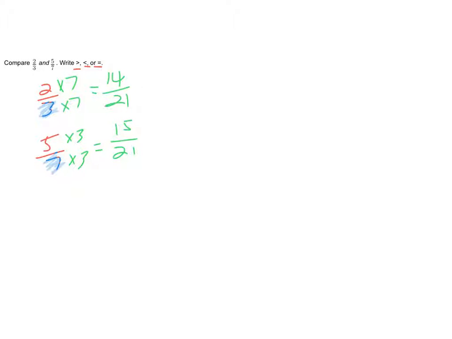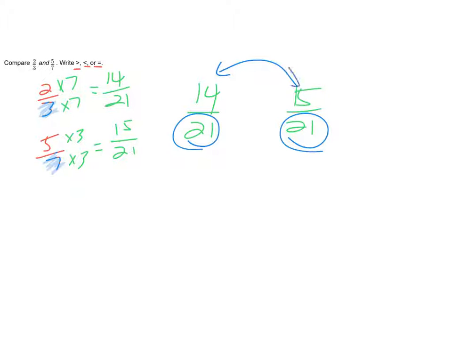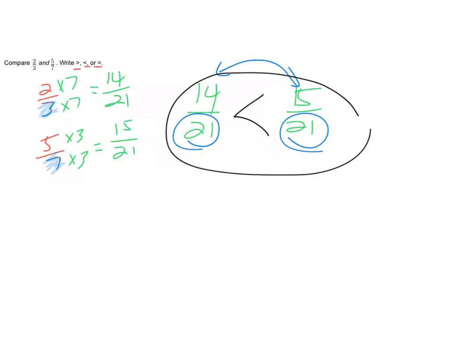So what they're asking us to do is compare 14 over 21 with 15 over 21. And when the denominators are the same, which they are, we look at the numerators. 14 is smaller than 15, which tells us that we would use the less than symbol here. So this would be our inequality.